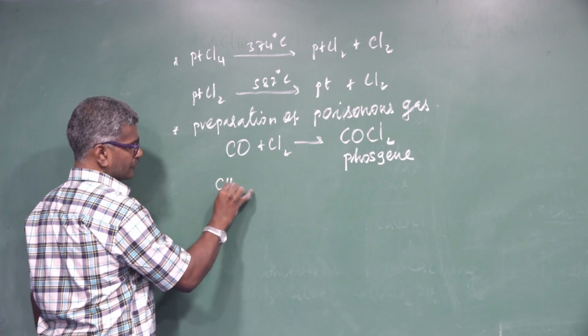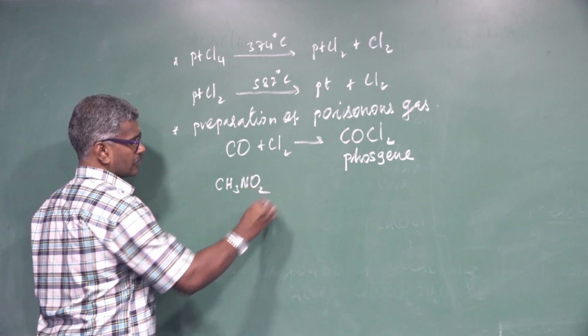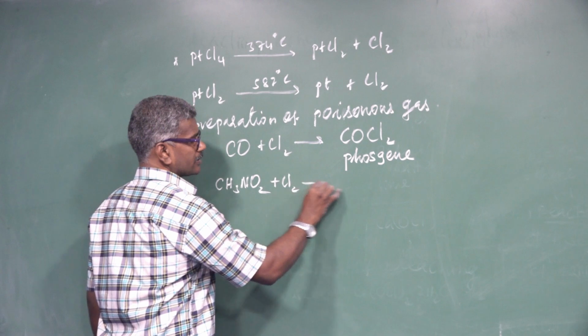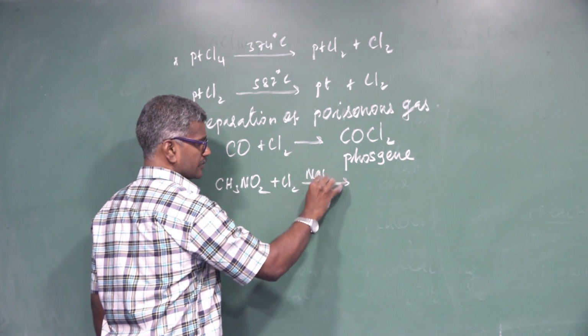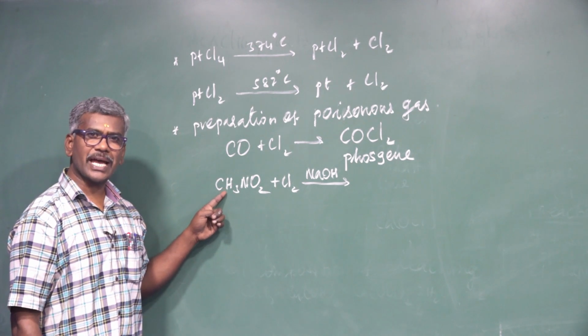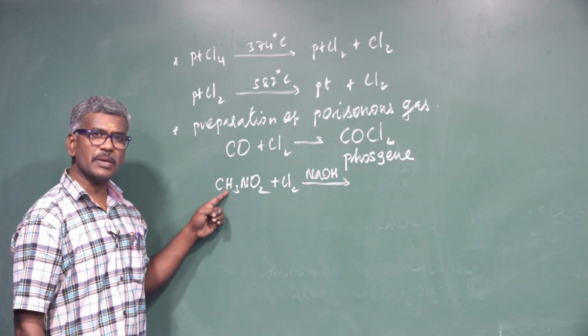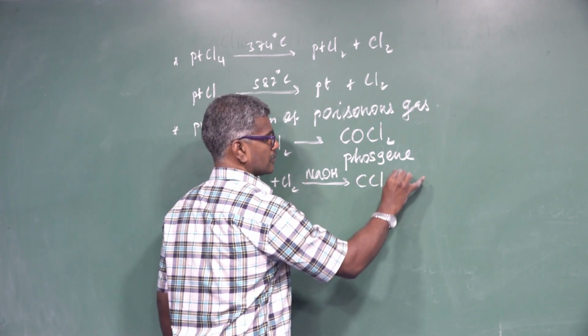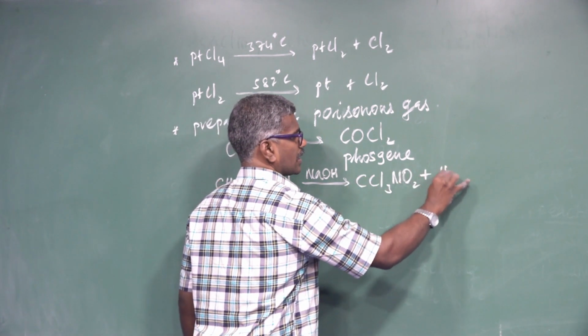Another one, this one name nitromethane reacts with chlorine in the presence of NaOH. The functional group is attached to the carbon carrying 3 hydrogens. 3 hydrogens can be replaced by the chlorine, plus HCl.